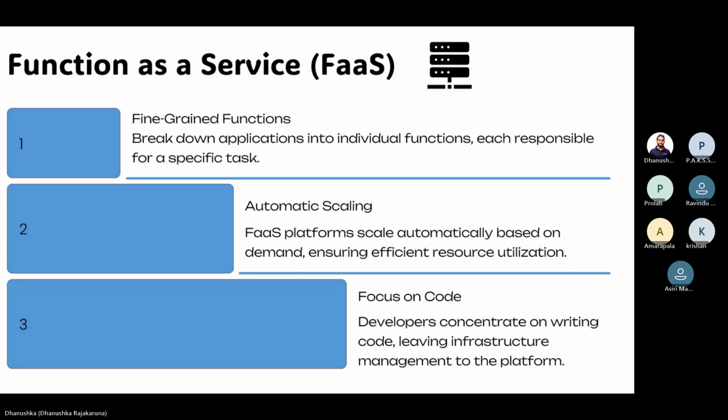The popular FaaS platforms are AWS, Azure, Google Cloud, and IBM OpenWhisk, for example. The advantages of FaaS are reduced overhead, scalability, cost efficiency, flexibility, and focus on code. The challenges and advantages are all very related to serverless architecture.